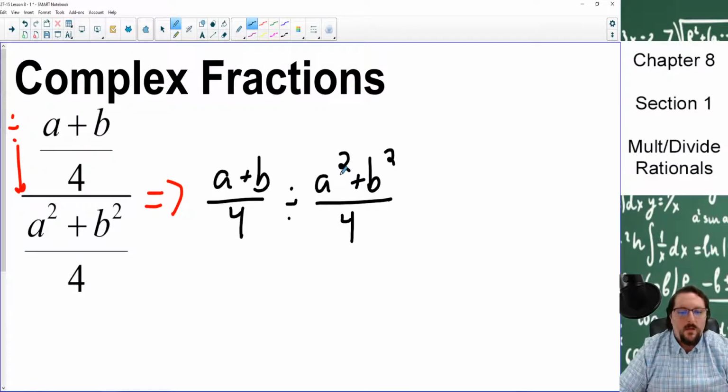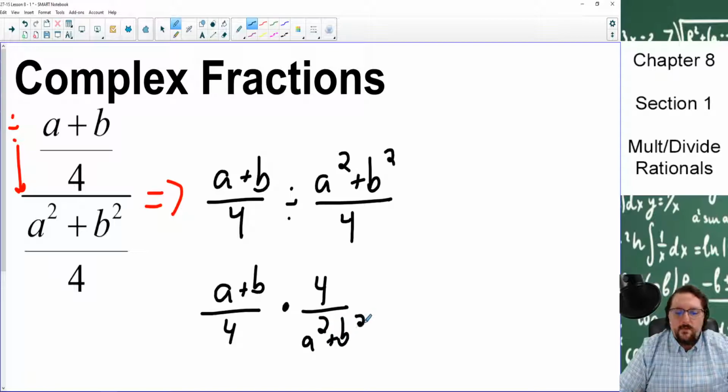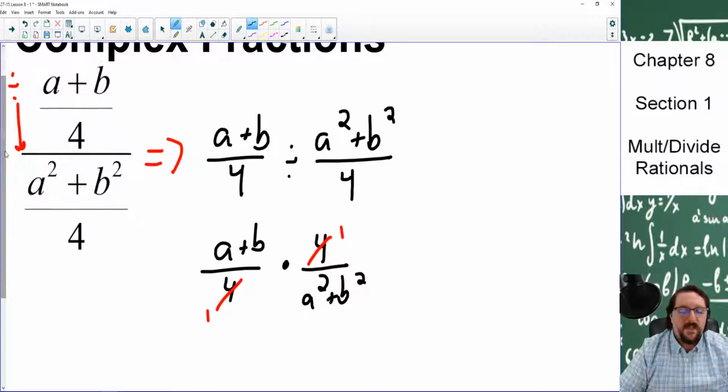Okay. Well, let's go ahead and follow our usual process here. Keep change flip. We'll keep the front, we'll change that, and we will flip over. Now, there's a little trick hidden here. While you can certainly cancel the 4's down, don't be fooled. Remember what we said. We can only cancel things that are being multiplied.